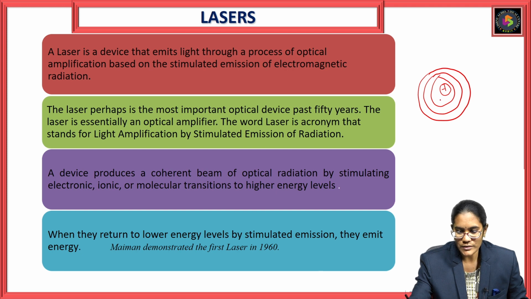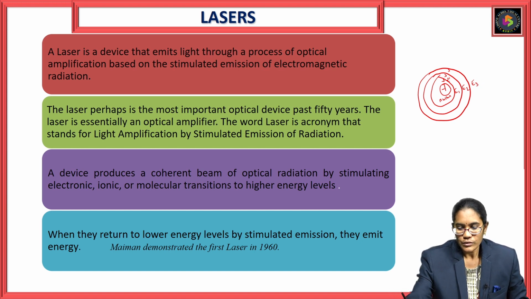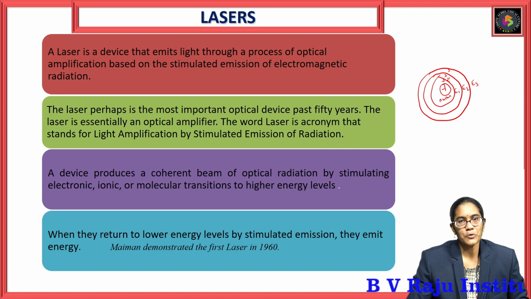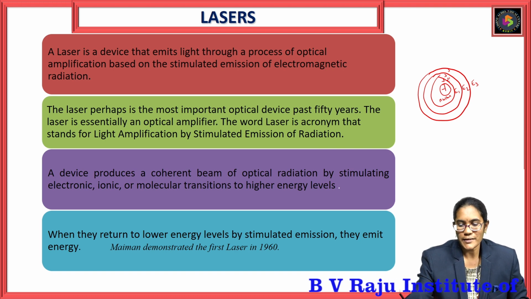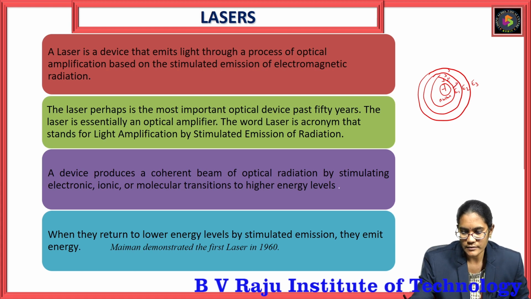This is the positively charged nucleus, and the electrons revolve around this nucleus, having different energy levels: E1, E2, E3 and so on. If you supply the same amount of energy to the lower energy state E1, it absorbs that energy and goes to the higher energy state, making a transition from the lower energy state to the higher energy state.